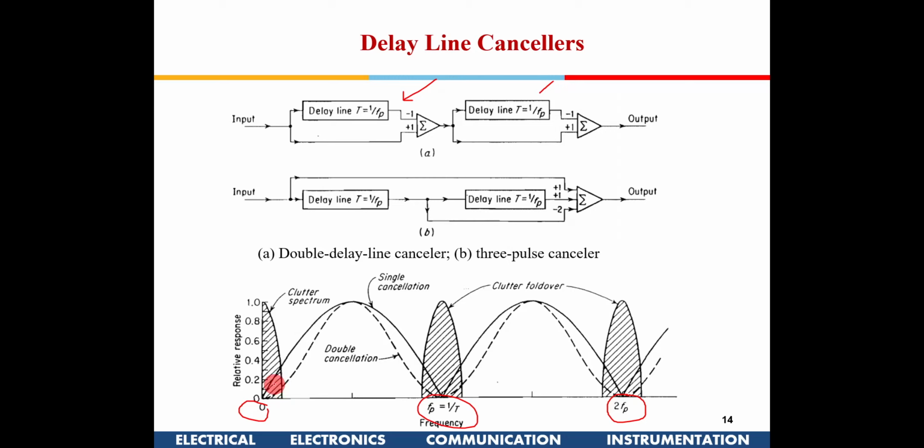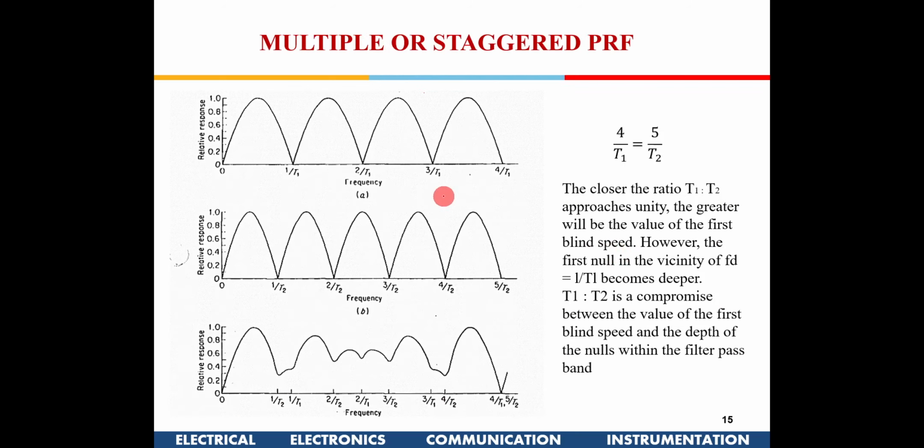In the double cancellation you will find that the clutter elimination is better, right? So if you use multiple stages like this, we will be able to suppress the clutter around these blind zones in a much better manner, okay. So generally we don't use single line cancellers, but multiple line cancellers are used in practice, okay.